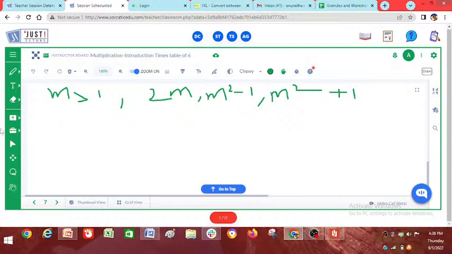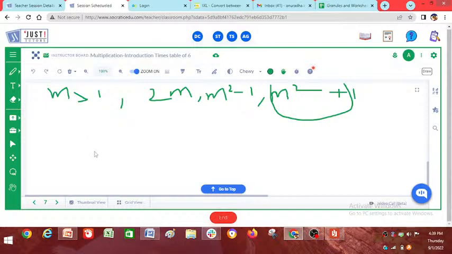So if we take m square plus 1 as 6, then m square would be 5. And the value of m will not be an integer. So if we take m square minus 1 as 6, then m square will be 7. So again the value of m is not an integer.